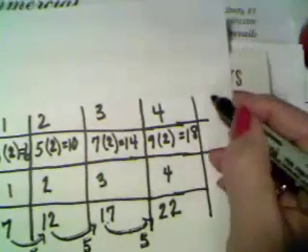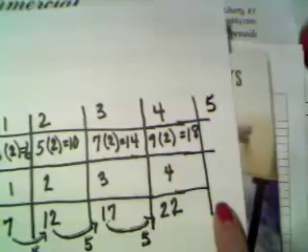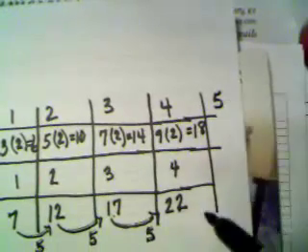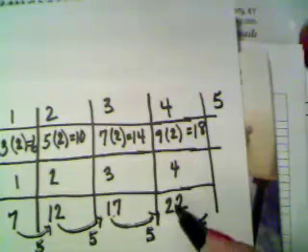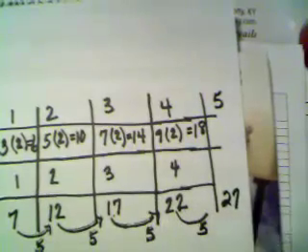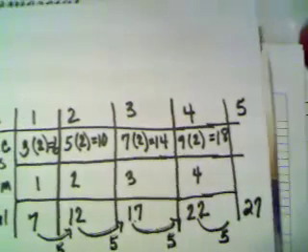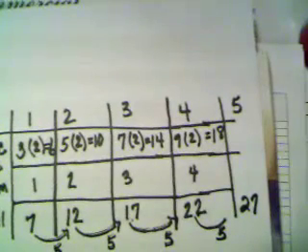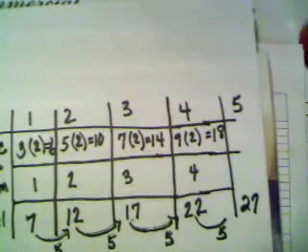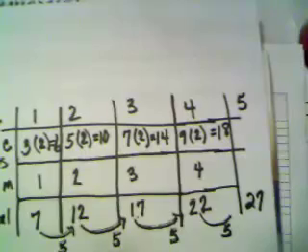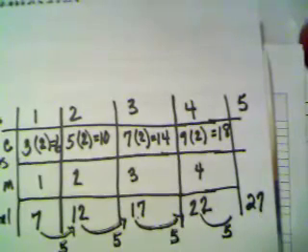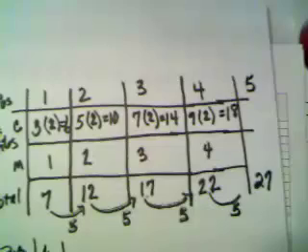So I can go straight to the total number of tiles on the fifth by adding 5 to 22, and I now have 27. It would be easy now to predict what will happen for 6, because I would just add 5 onto 27.